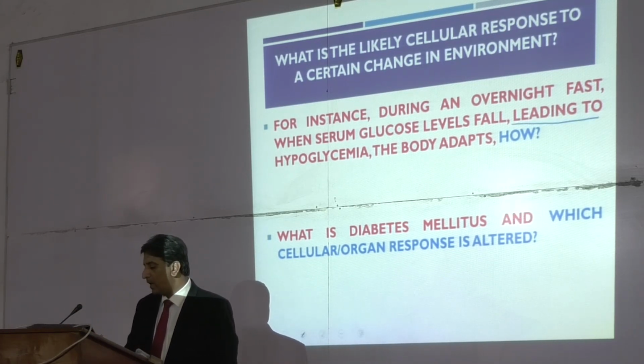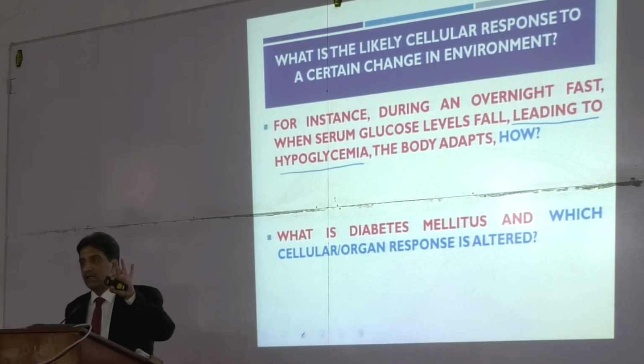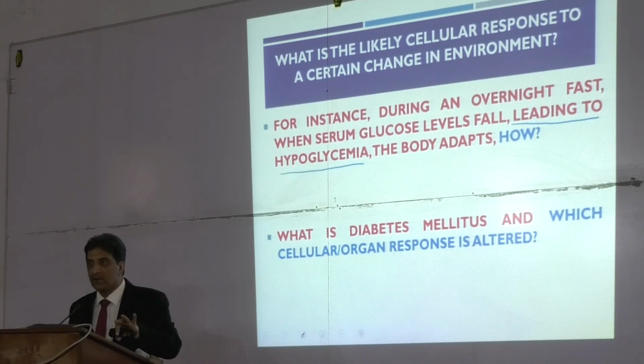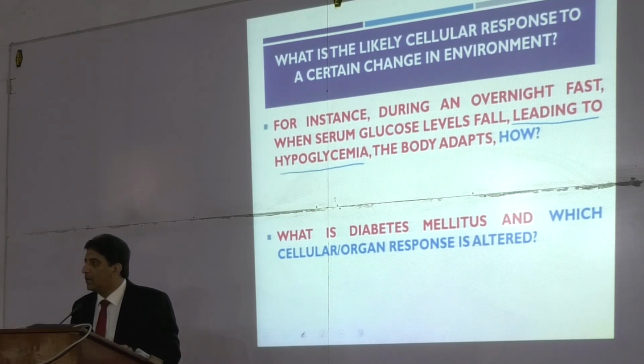When the blood glucose level falls in the fasting condition, the regulatory mechanisms become active and try to restore the low blood glucose level to the normal range during fasting.